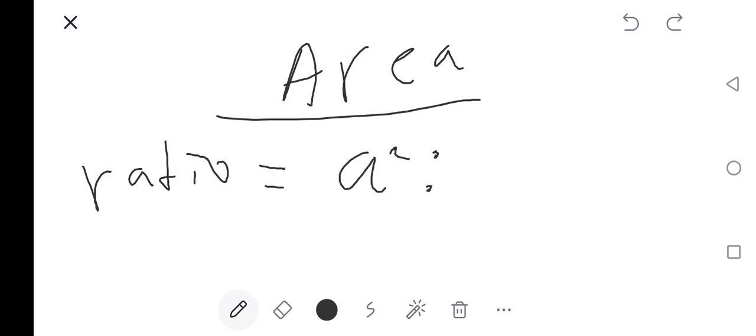So the area, when you are finding area, the ratio of area is A squared to B squared.